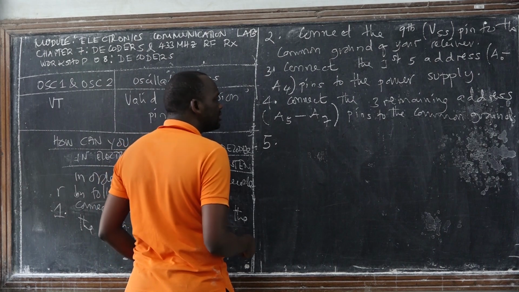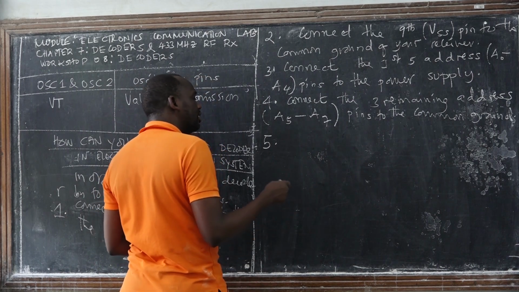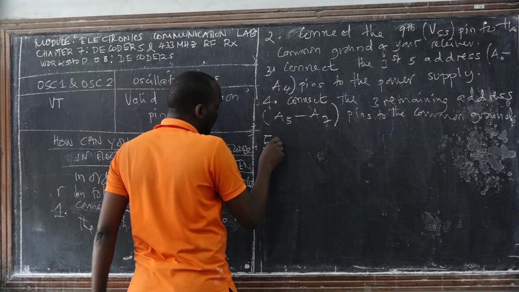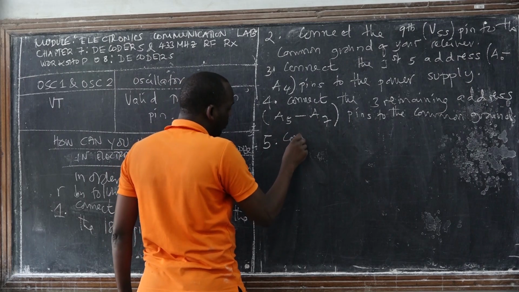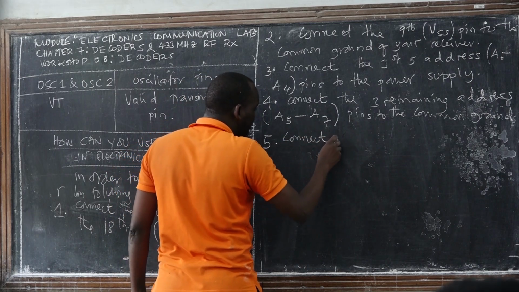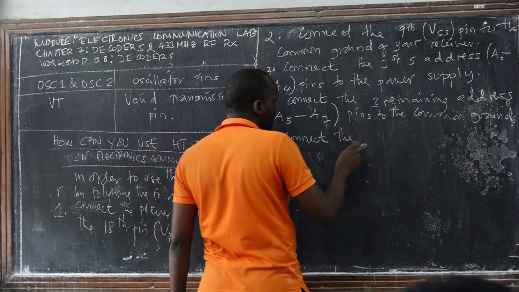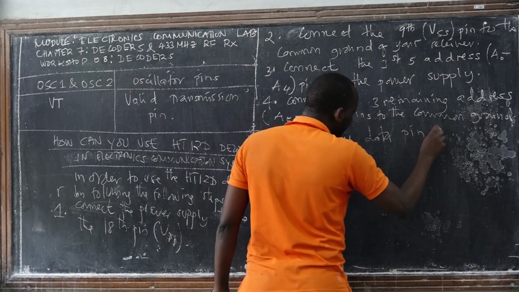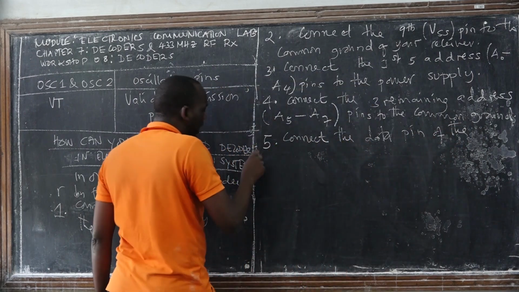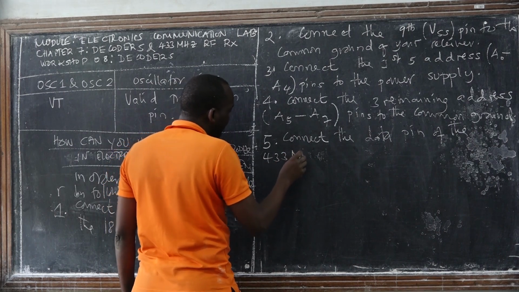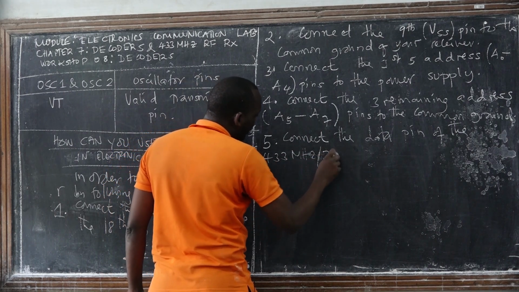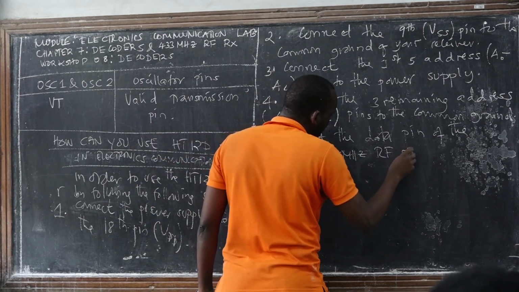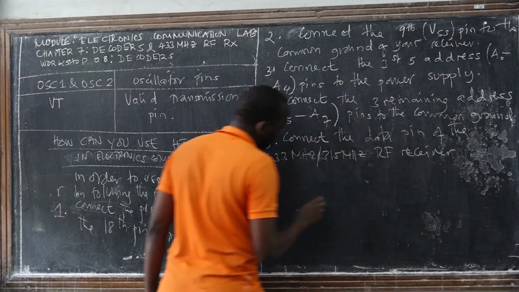Connect 1. Either 1 or 2 or 3 or forward. So in case of the decoder, this is how we rephrase that sentence. Connecting the data pin of the 433 megahertz or 315 megahertz RF receiver module.